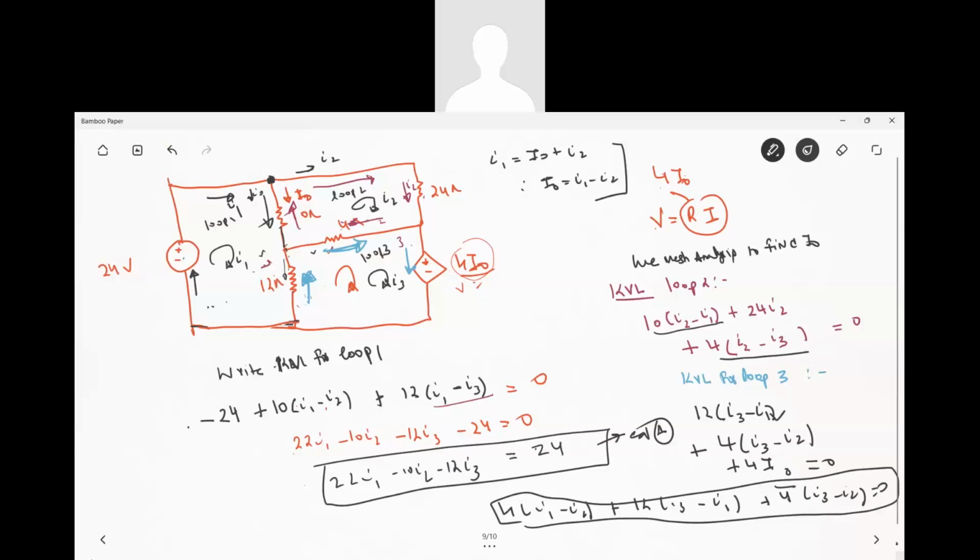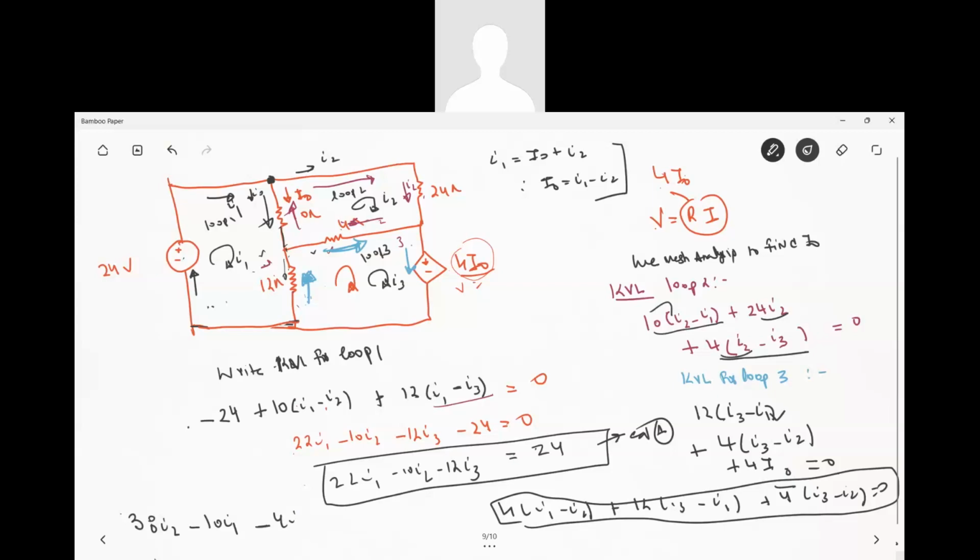This also you can open up. So this will become 10 I2 plus 24, 34 I2. So it becomes 38 I2, correct? Then minus 10 I1, and minus 4 I3.